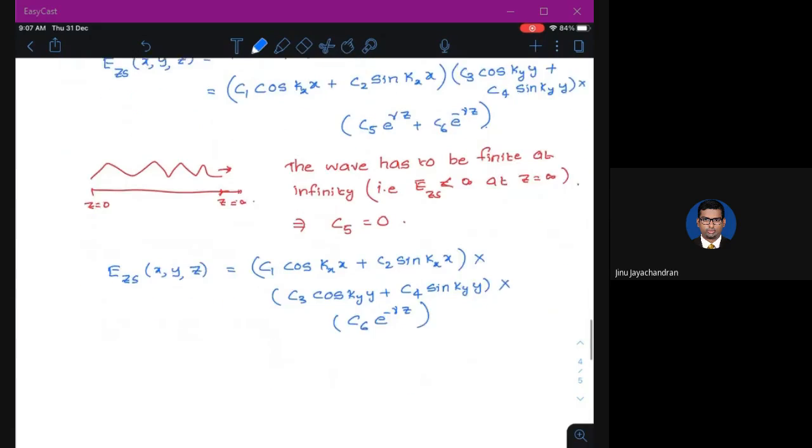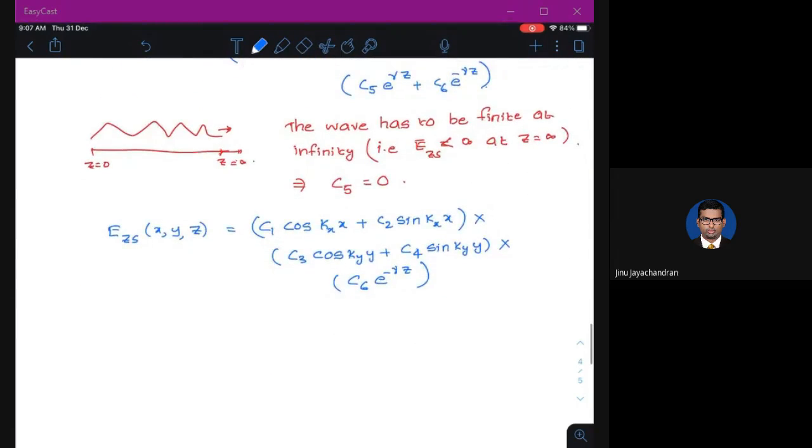That's all. The other term will not exist. So the reason we should understand is that when z is infinity, the value of the wave should be finite. If that term C5 e raised to gamma z exists, then the value of the electric field will become infinity. So that condition is not possible. So we will make sure that C5 is equal to 0.